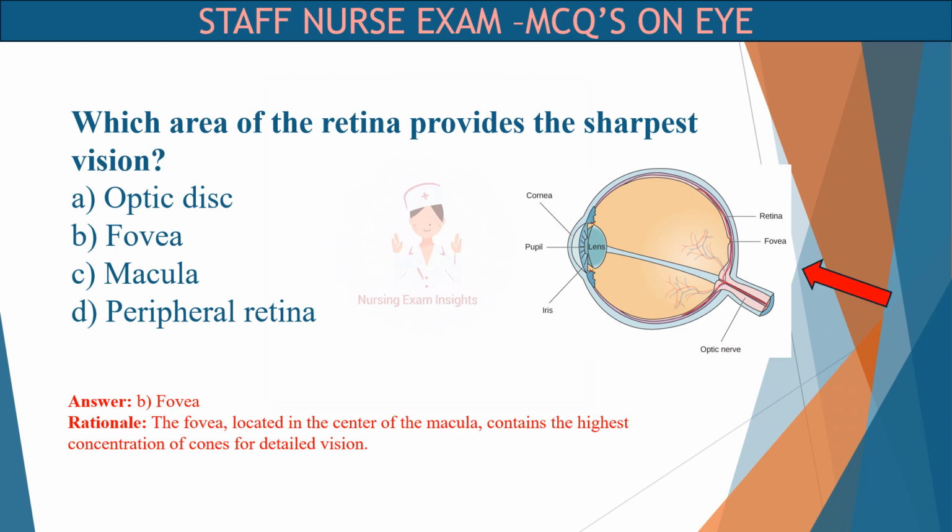The fovea is located in the center of the macula. Macula lutea, as you all know, is a small yellowish area in the center of the retina right behind the lens. And this fovea contains the highest concentration of cones for detailed vision.